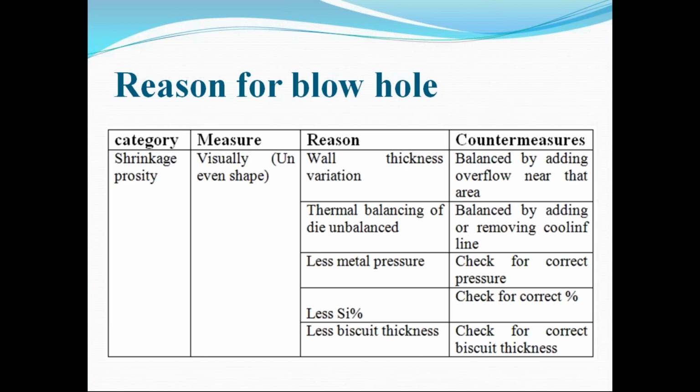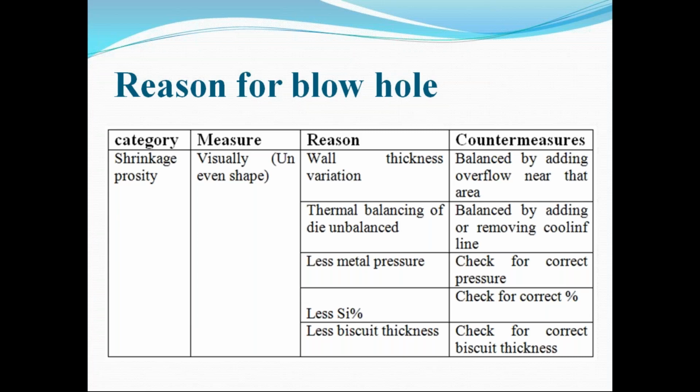When it was analyzed to find the reasons for shrinkage porosity, and also the countermeasures to solve this problem, it was found that we can identify the shrinkage porosity only by seeing the surface by naked eye.